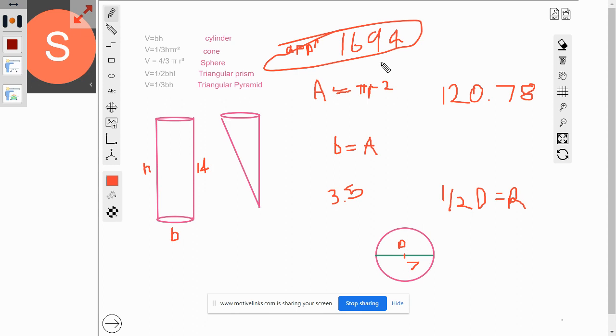So let's do that right now. So we get 565. So guys, it's really simple. This is basically the volume of a cone.